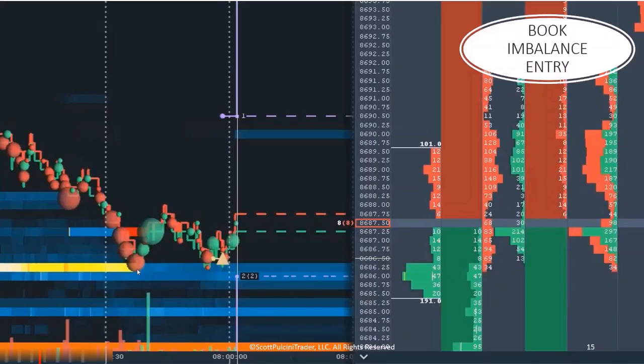One could have taken an entry immediately right here, but price comes down again. There's some exhaustion here on the sell side. There's no selling activity taking place anymore, and you see big buyers sitting on the book, lots of buyers at this level just waiting for the price to get filled.